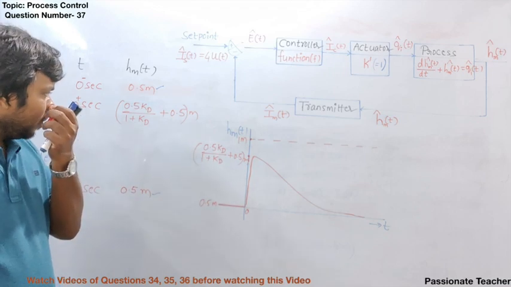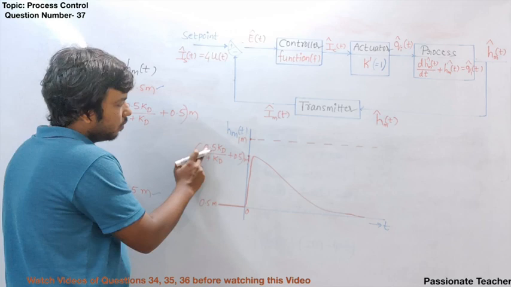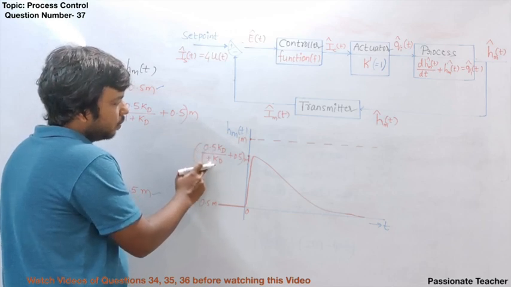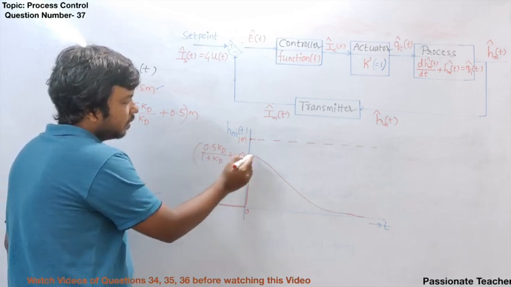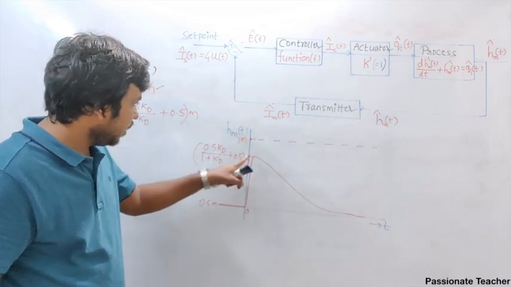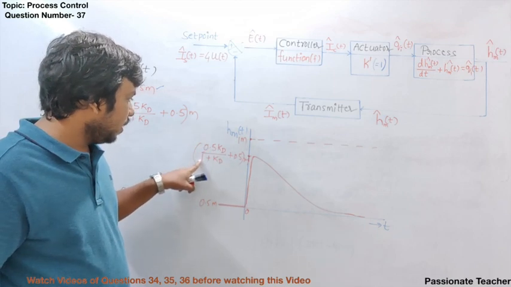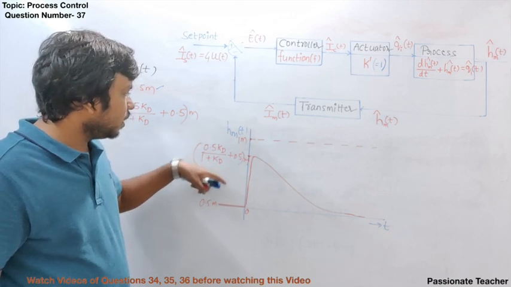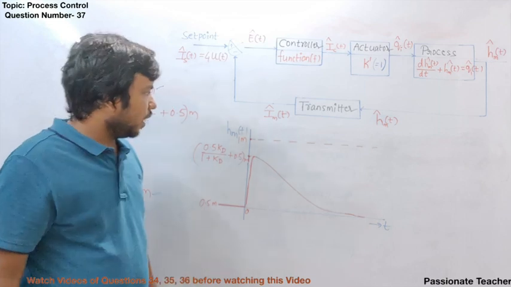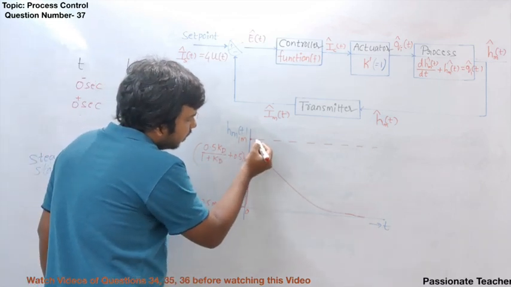Suppose KD is equal to 1, what is going to happen? 0.5 by 2, that is 0.25 plus 0.5, this peak value will be 0.75, right? Suppose KD is equal to 2, then it will become 1 by 1 plus 2, so a little bit higher value, right? So if you increase the value of KD, this peak will slowly increase.